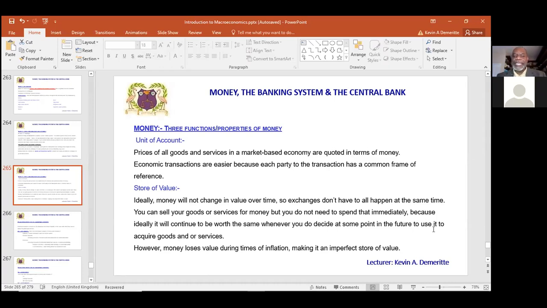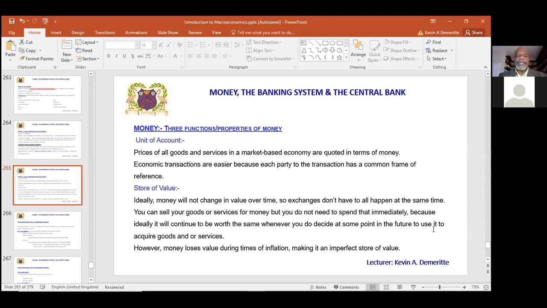So whereas we know one of the key functions of money is as a store of value, it's not a perfect store of value. It's an imperfect store of value because inflation erodes the value of money over time. So the purchasing power of money falls as prices rise, as inflation goes up.